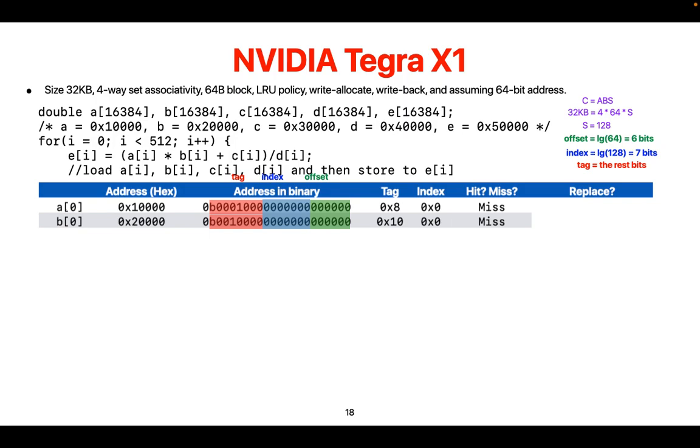Which tells you the set the block should be in? Index, right? So it actually has the same index as the previous one. So to replace it or not, we have to figure out how many blocks are there in the index already, and how many blocks can a set with that index accommodate. Which parameter tells you that? How many blocks within a set? Who tells you that?